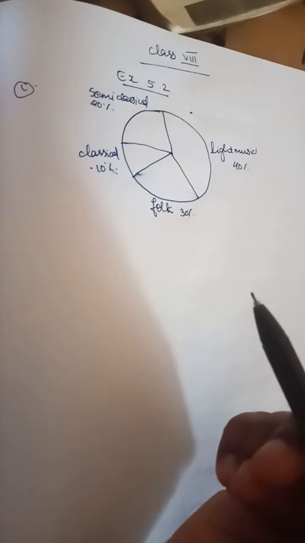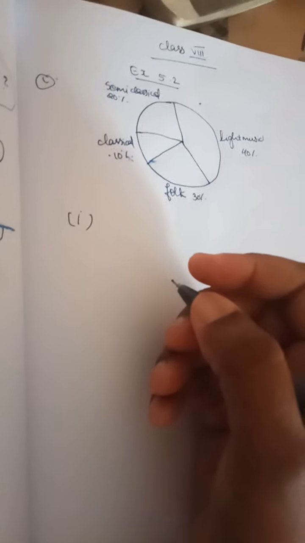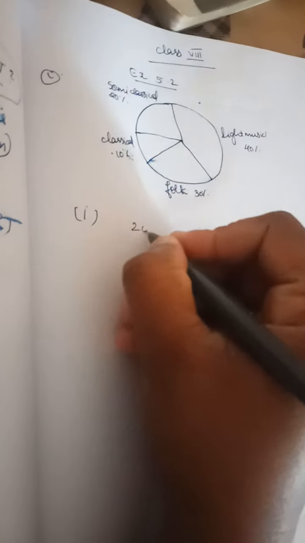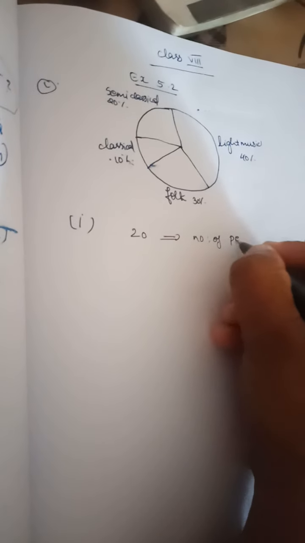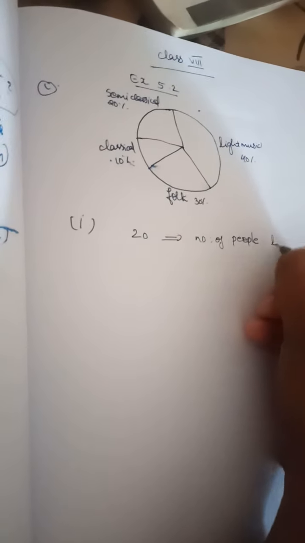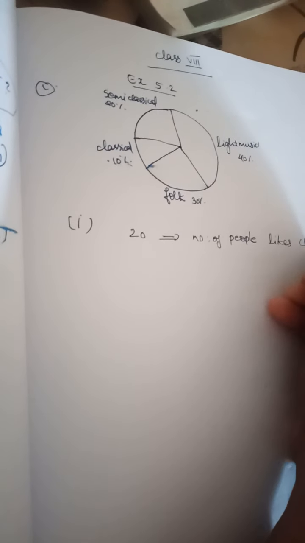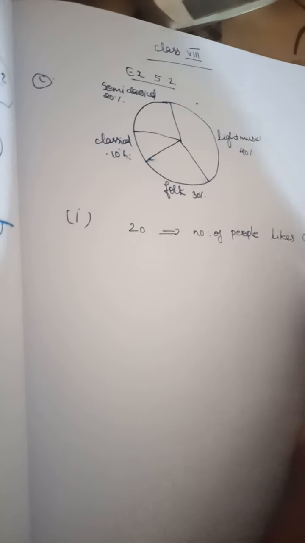Classical music is 10 percentage. In the first part, if 20 people like classical music, then 20 is the number of pupils who like classical. What is the question? How many young people were surveyed?